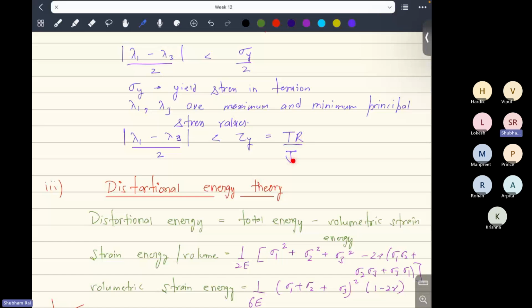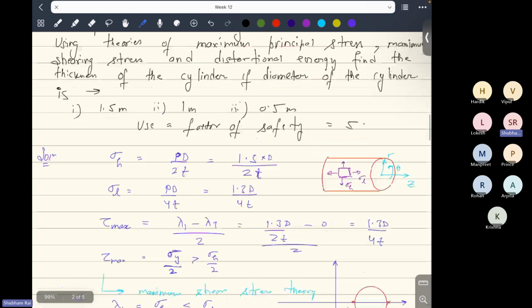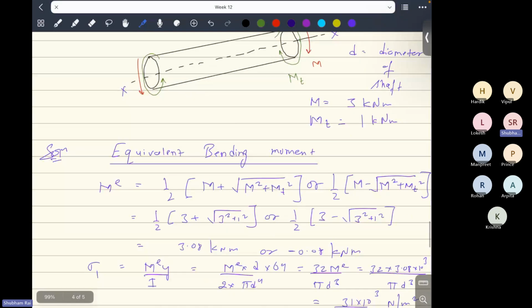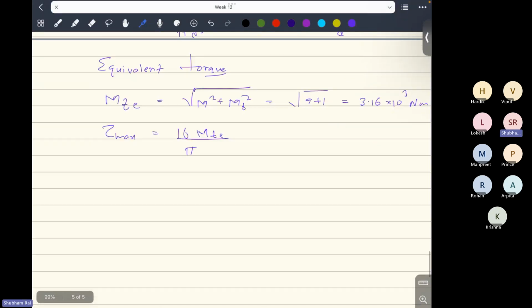So we get 4 times pi d4 by 64, so 64 by 4 will be 16. And T will be this MTe equivalent. So finally you get 16 times 3.16 into 10 to the power 3 divided by pi d cube.